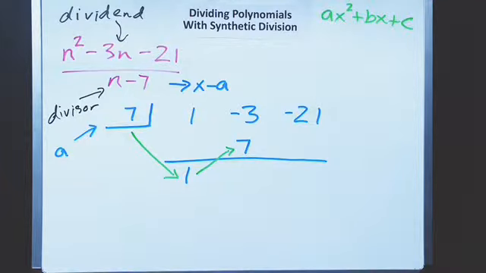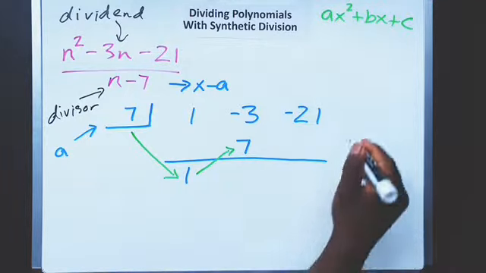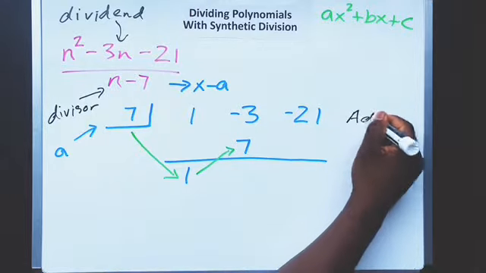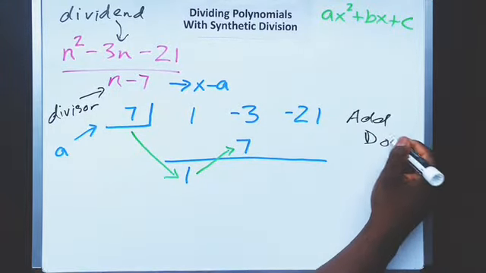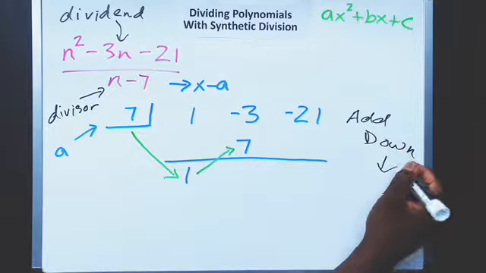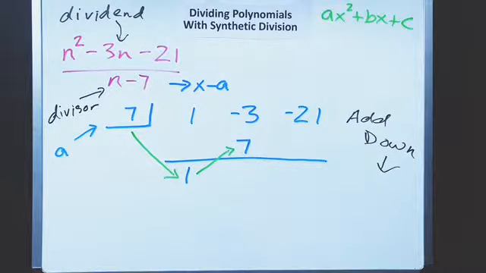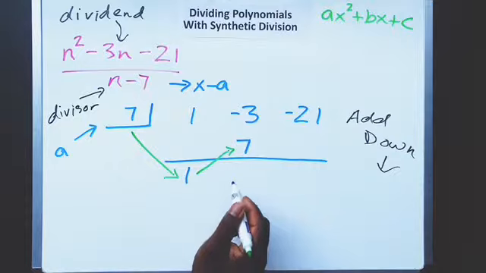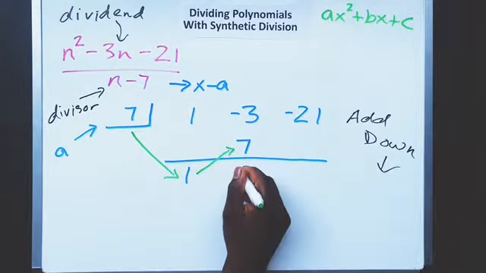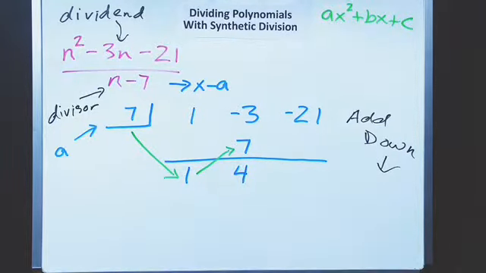Now, one thing we need to remember is that we're going to be adding down. So every time I place a value here, I'm going to add down. So negative 3 plus positive 7 gives us a positive 4. That's what I mean when I say add down.